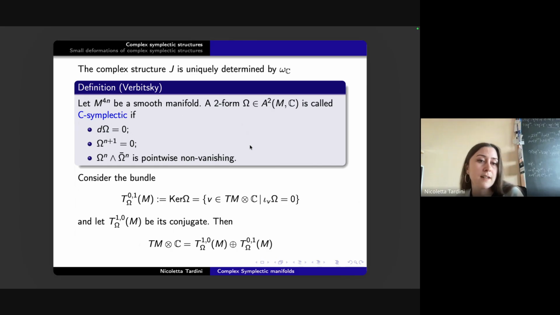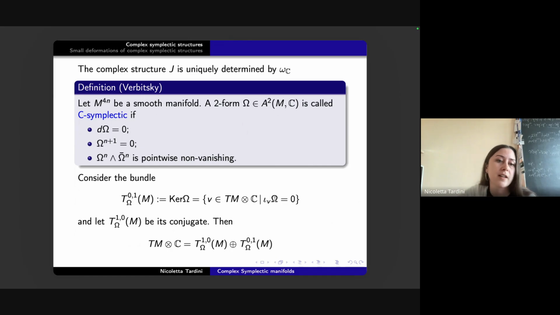You can define this bundle. I mean, you can show that it is a bundle; it is well defined. If you take the kernel of omega, we call T01 of omega the kernel of omega. I mean the complex vectors V such that the contraction of omega with V is equal to 0. And we call these vectors (0,1)-vectors, okay?